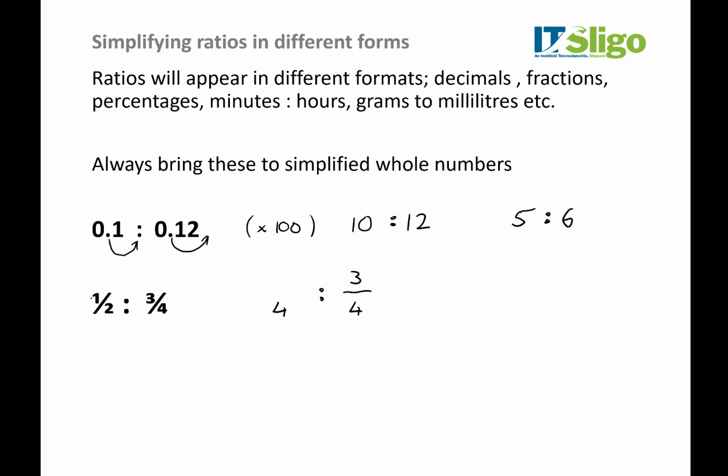The left hand side, we just simply multiply above and below by 2, and we're going to get 2 quarters is to 3 quarters. Now what you can do here, guys, is simply ignore, because we're comparing quarters to quarters. These are the same, so we just take the numerators as our ratio and we ignore the quarters. So we've 2 quarters is to 3 quarters, the ratio is 2 is to 3.